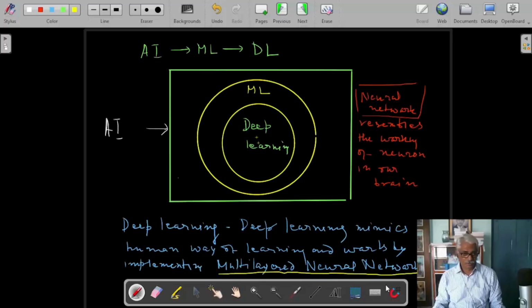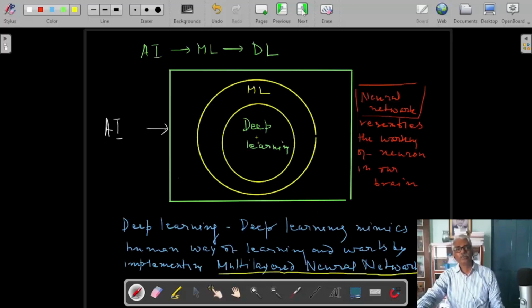Machine learning is the first step to understand AI and the working of AI, and then you try to get into deeper things like neural networks and deep learning. So that is about deep learning.